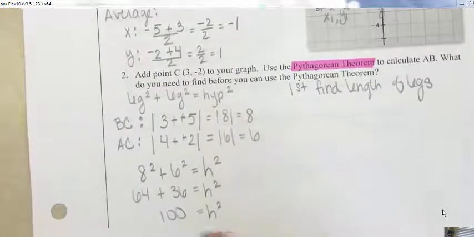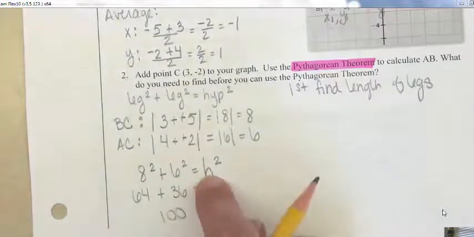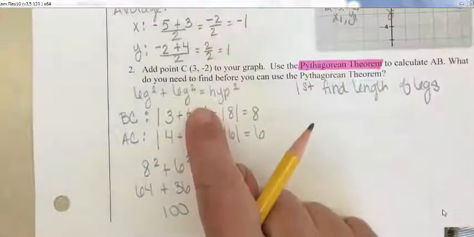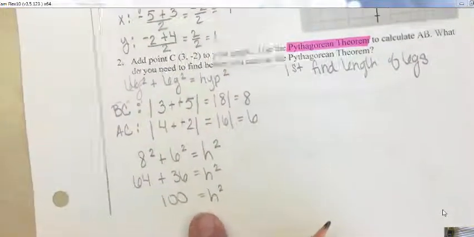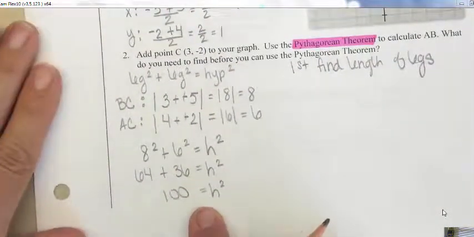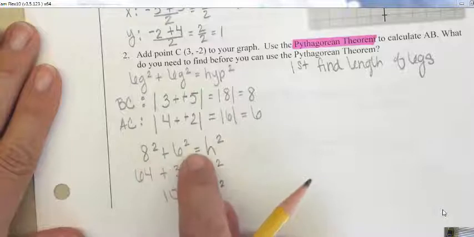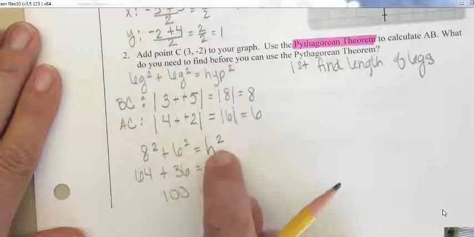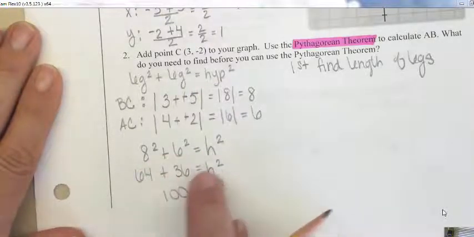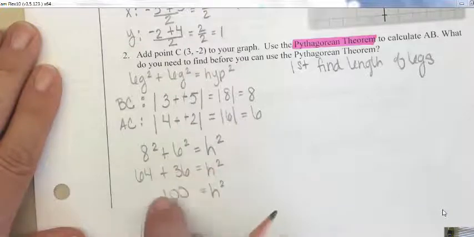Now, be careful. Keep these things as equations. You set it up as an equation. You solve it as an equation. An equation basically means that you have one equal sign, two sides. And notice the whole time, it's one equal sign, two sides.